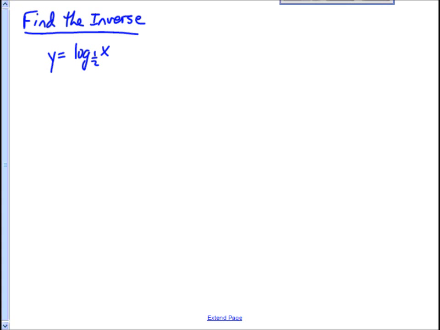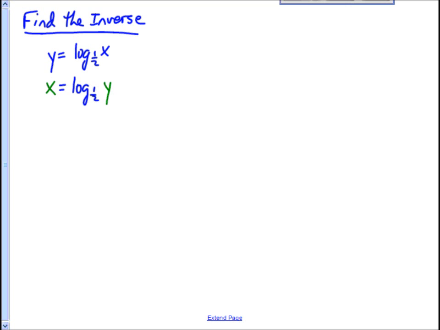If you guys remember when we found inverses, the first thing that we would do is we would switch x and y, right? So you want to do that same thing here. Let's go ahead, switch x and y. So x equals log base 1/2 of y, okay?